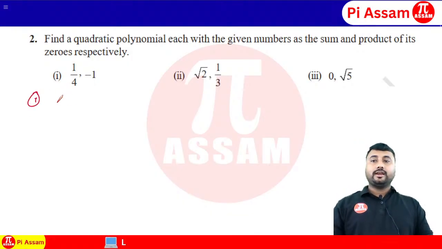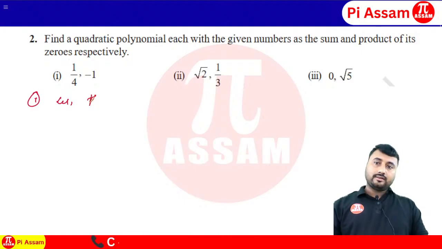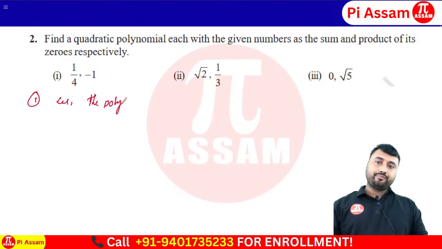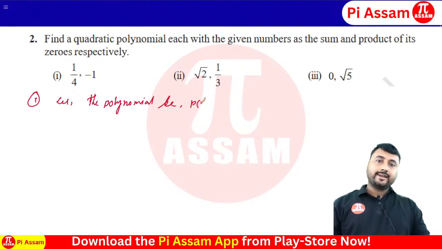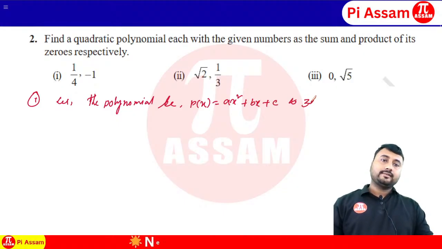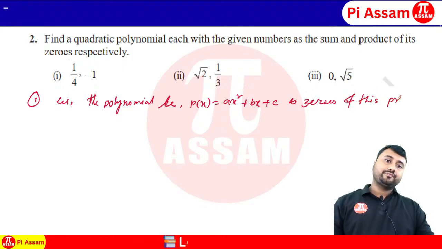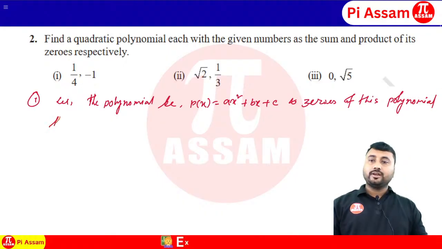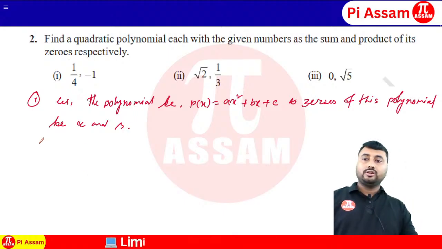So first one, let the polynomial be p(x) equal to ax squared plus bx plus c, and let the zeros of this polynomial be alpha and beta.